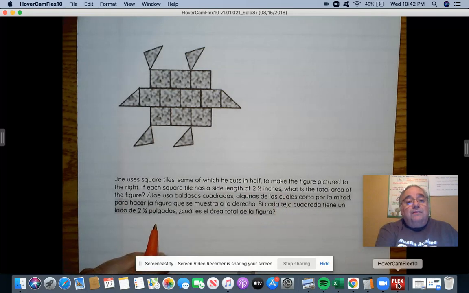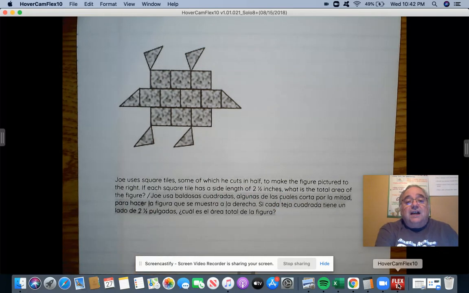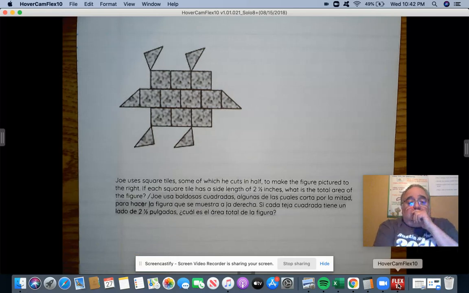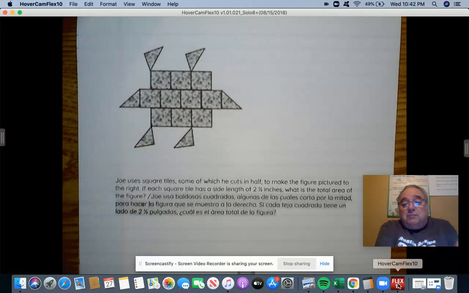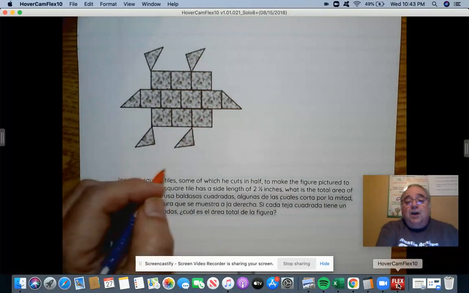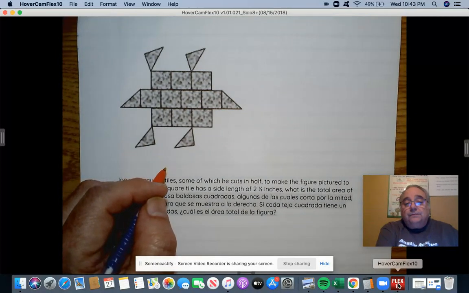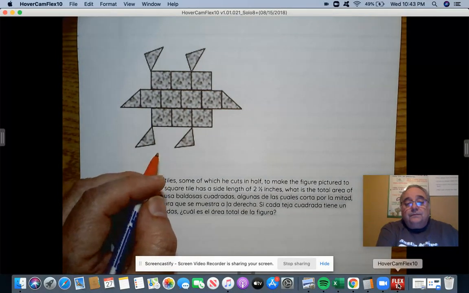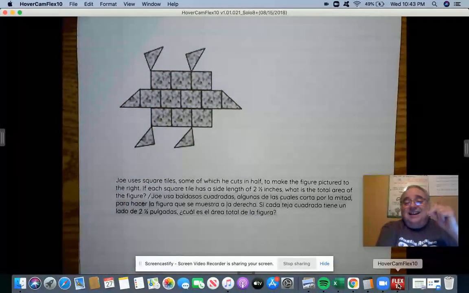Well, first of all, I'm going to count and see how many tiles I have, because once I get the area, I have to multiply those tiles by that. So let's go ahead and get started. I see that I have how many whole tiles? Excellent, guys. Way to go.